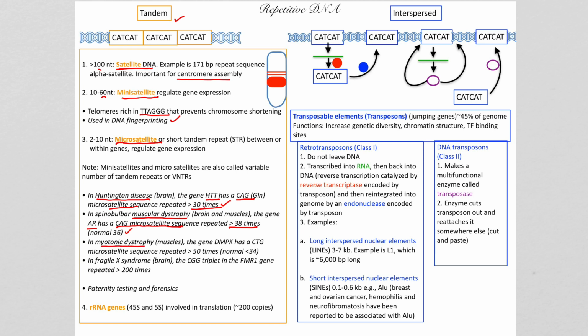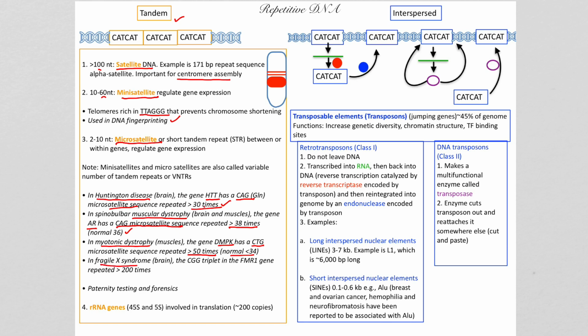In myotonic dystrophy, the gene DMPK, a protein kinase gene, which we'll talk about later, has a CTG microsatellite that's repeated more than 50 times, while the normal is less than 34.